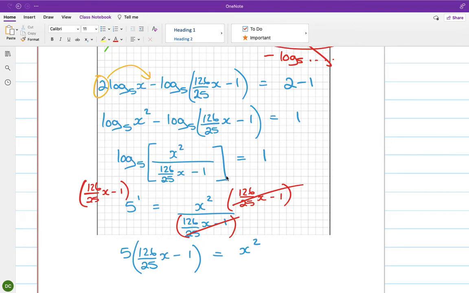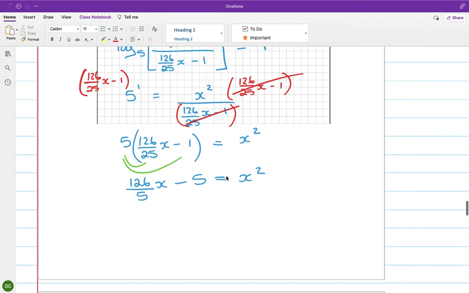Okay, so I'm going to multiply the 5 into the bracket like this. So 126 over 25 multiplied by 5 is 126 over 5x. Then 5 by minus 1 is minus 5 equals x squared.